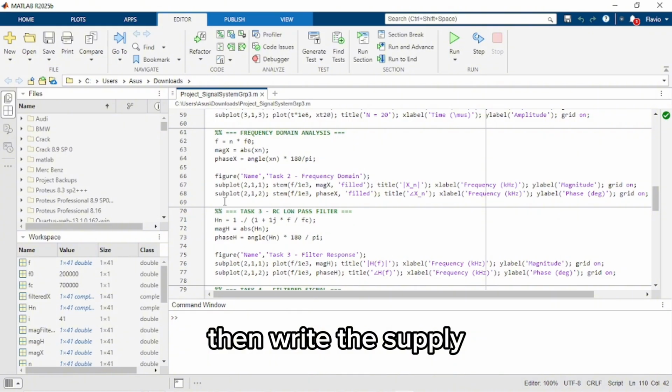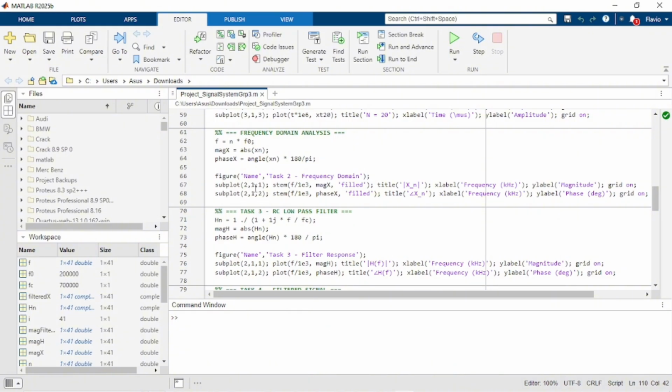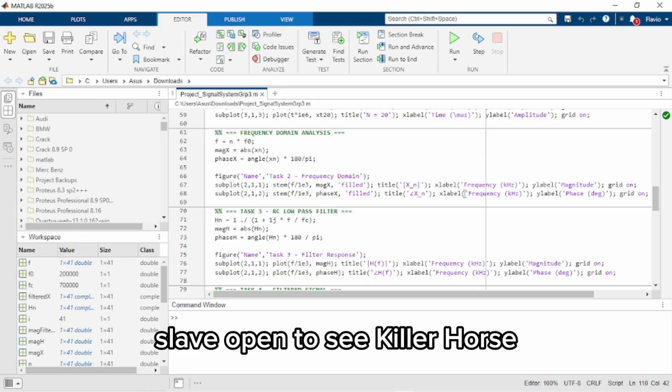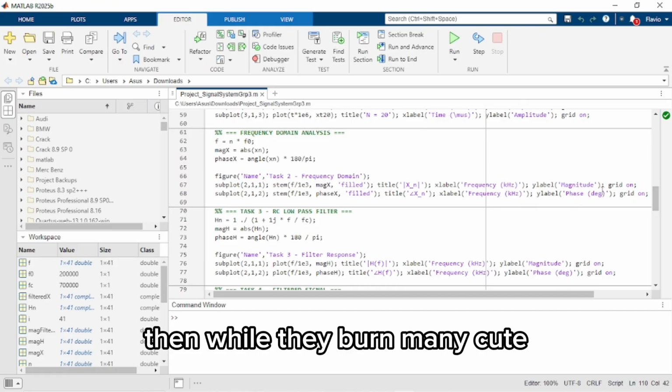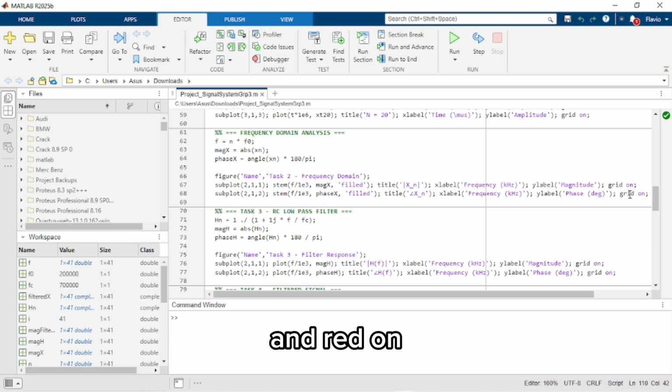Then write subplot 211 and stem f divided by 1e3, mag x, plot title, x label frequency in kilohertz, then y label magnitude, and grid on.